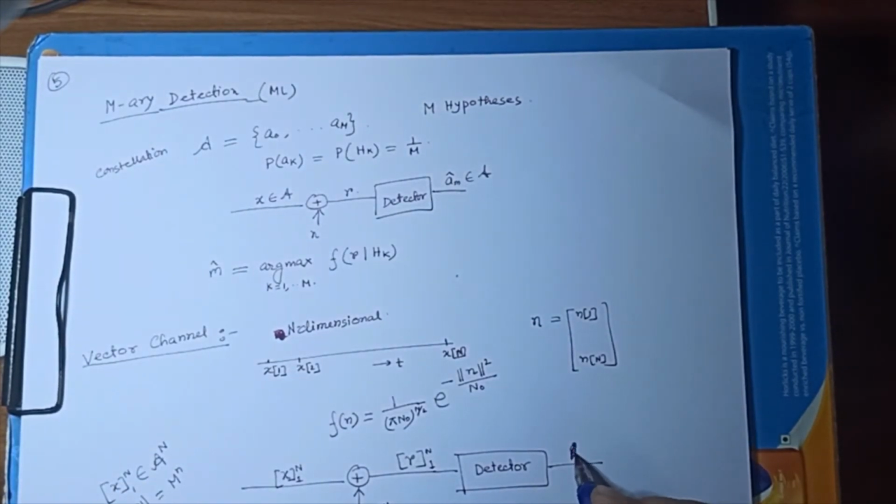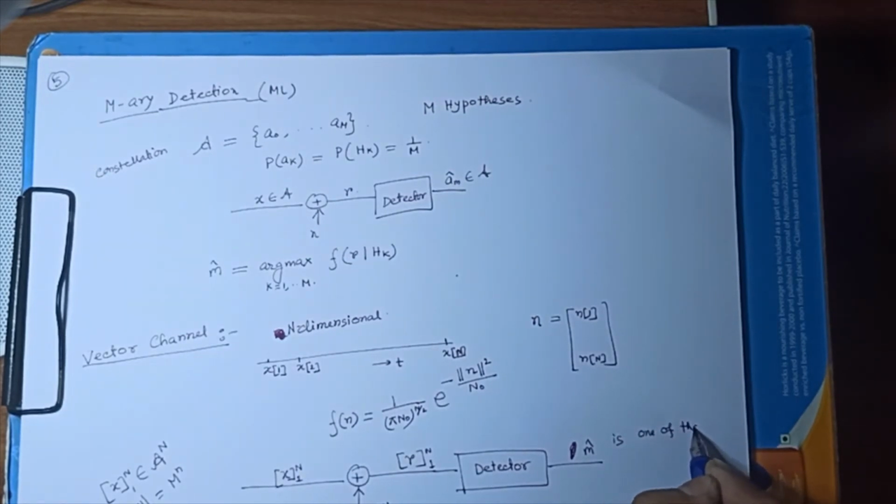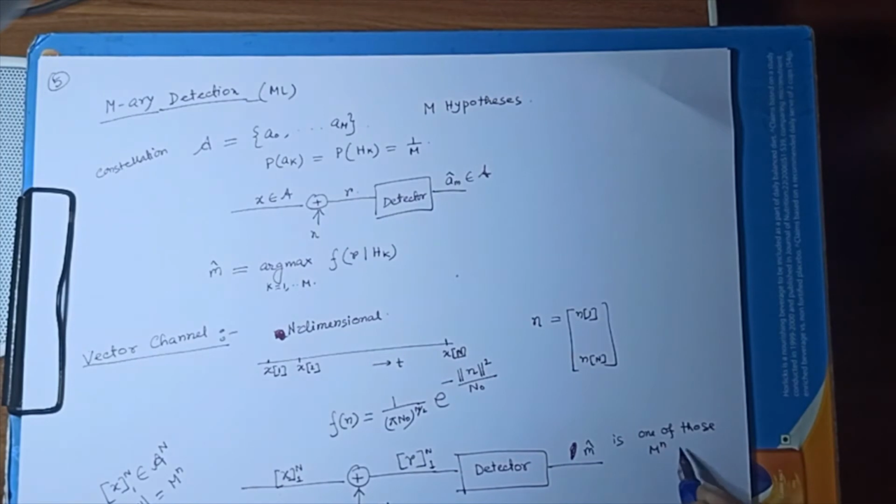So my m' is basically one of those M to the power N vectors.